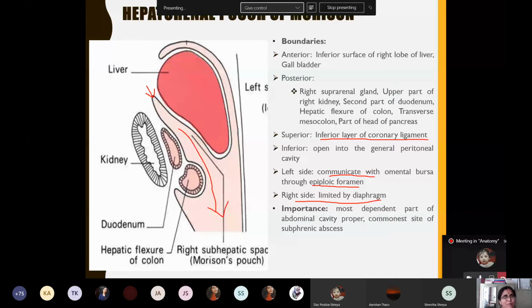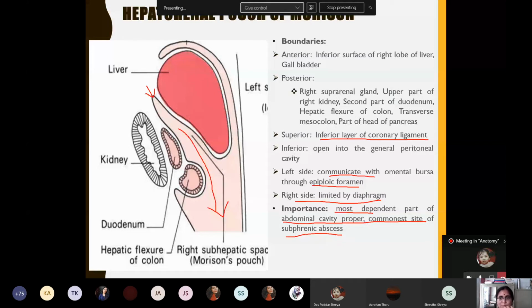And what is the very, very important clinical anatomy? It is the most dependent part of the abdominal cavity or peritoneal cavity, greater sac, and it is the commonest site of subphrenic abscesses. On the basis of its communication, the abscesses may also trickle down to the lesser sac through the epiploic foramen, or may trickle down into the greater sac inferiorly, even into the pelvis.